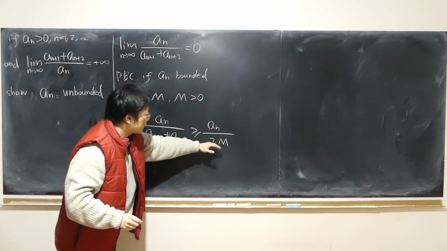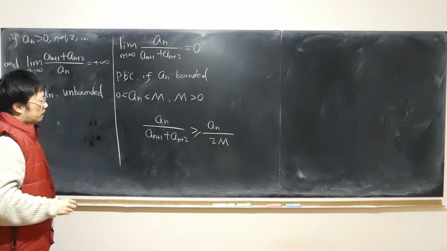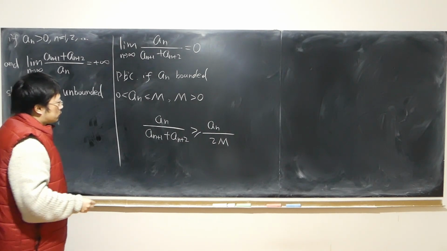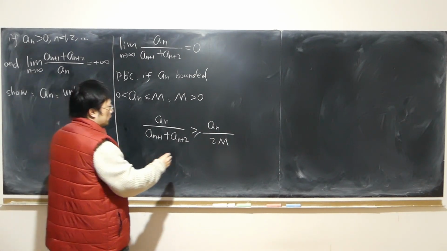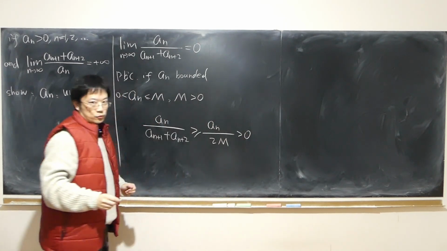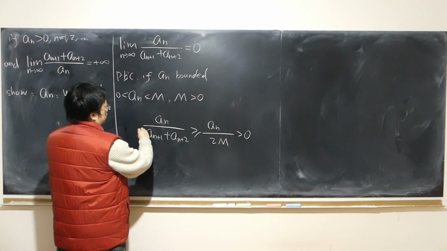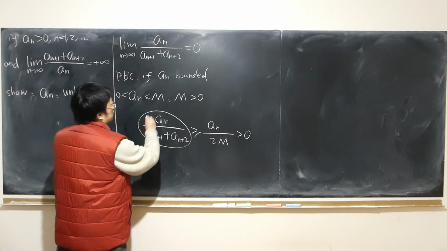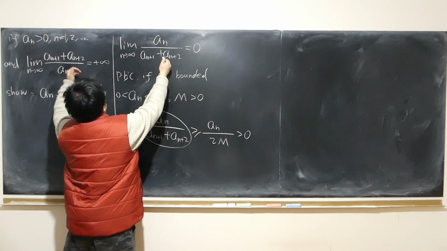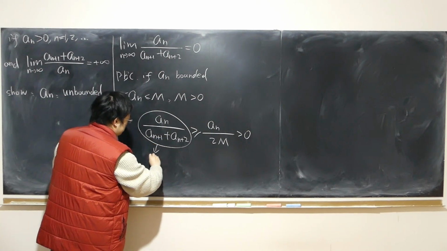This is okay because m is strictly positive, cannot be 0. And also knowing that this is strictly positive, and also that this is the given condition, same idea, so tending towards 0.